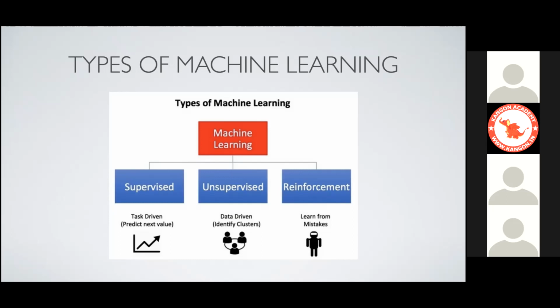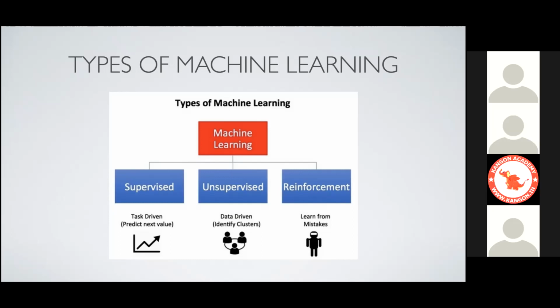The pattern is these are the 10 natural numbers, and I want the computer to find it out on its own. So that is unsupervised learning. And in reinforcement learning, there will be some trial and error method. The computer will try to learn something, it will make some errors, it will learn from those mistakes, and it will move on. Again, make some errors, learn from those mistakes, and move on like that. So these are the 3 types of machine learning.